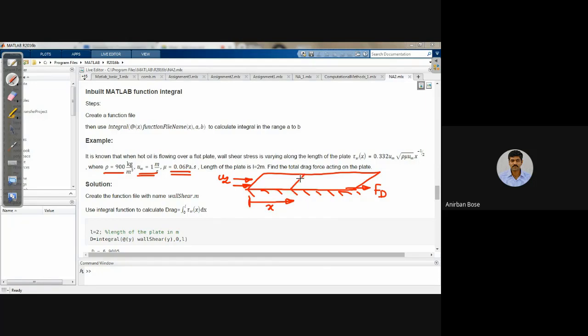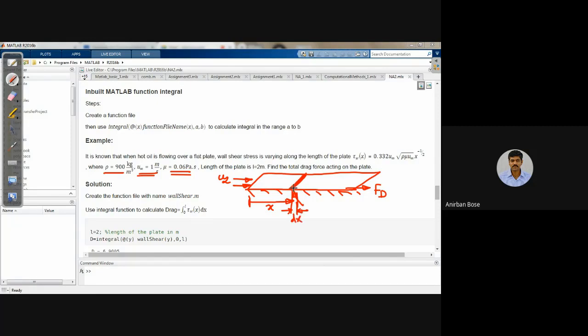At a distance x, the wall shear stress is given. So you consider a very small area dx, such that over that small area you can consider the wall shear stress to be the same, because dx is very small.